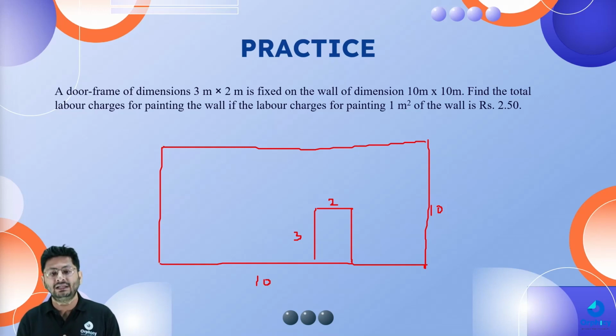Now find the total labor charge for painting the wall, 10 cross 10 वाला, if the labor charge for painting 1 meter square of the wall is 2.5 rupees. So first of all we will calculate what is the total area that needs to be painted and we'll multiply it with the rate.